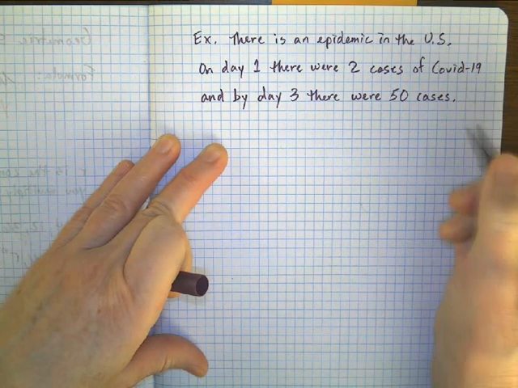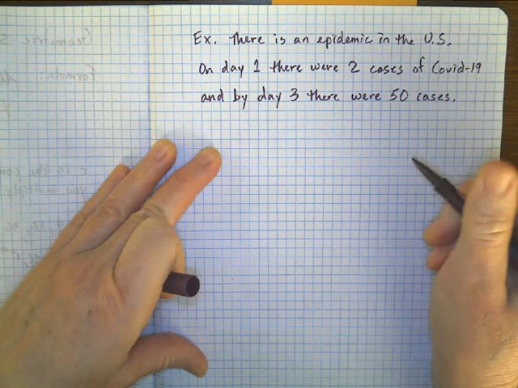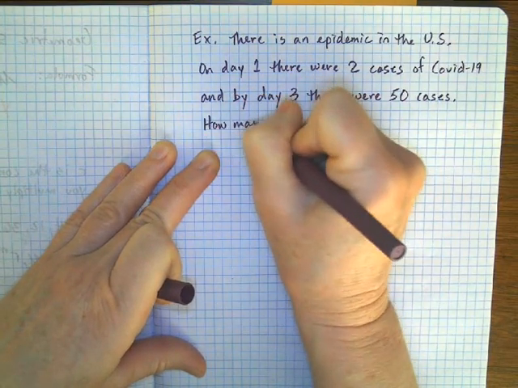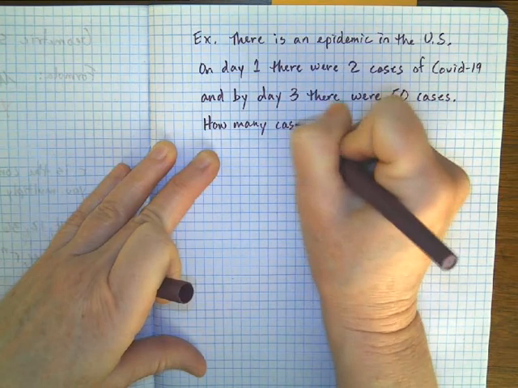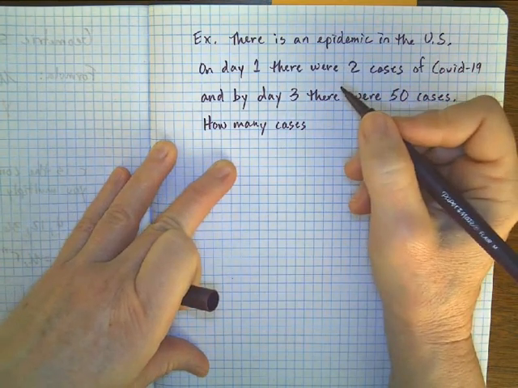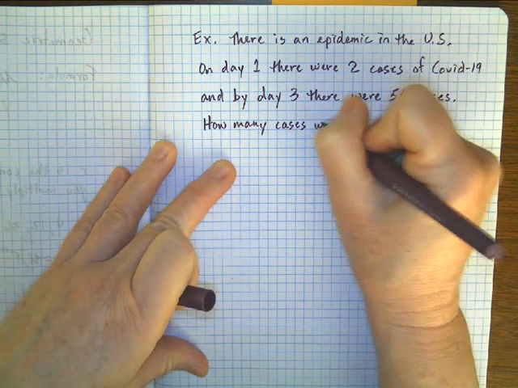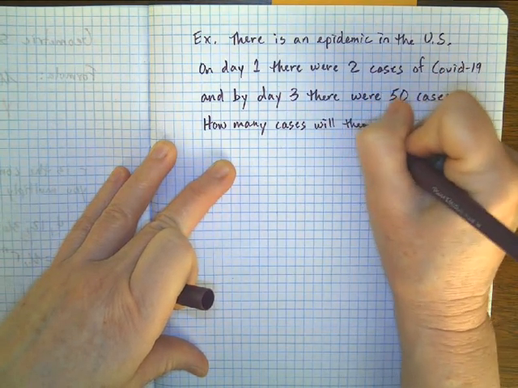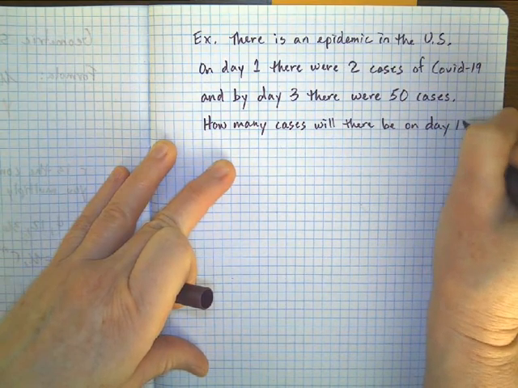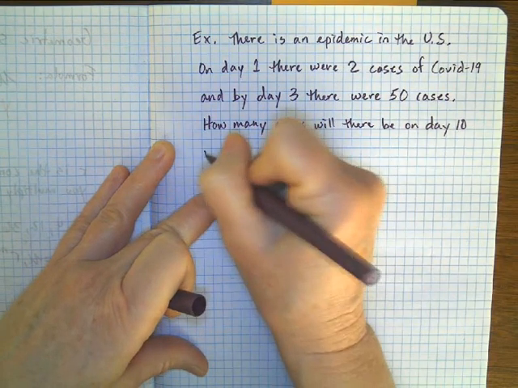How many cases will there be on day 10, if we do nothing? If we don't shelter in place. How many cases will there be on day 10 if this pattern continues?